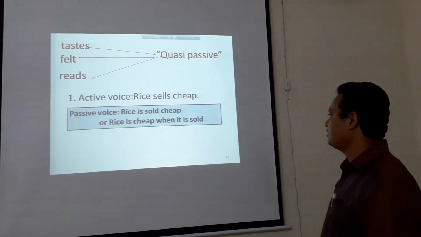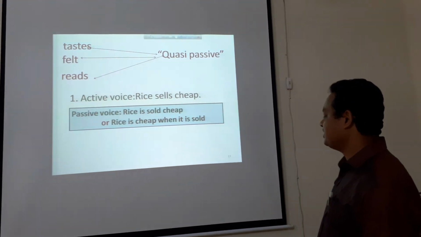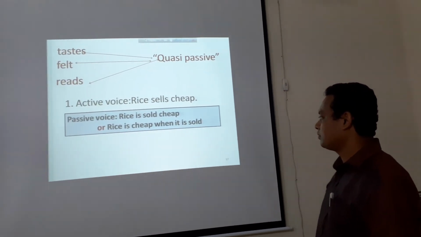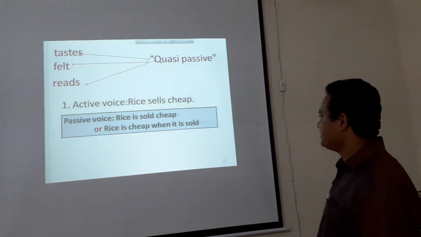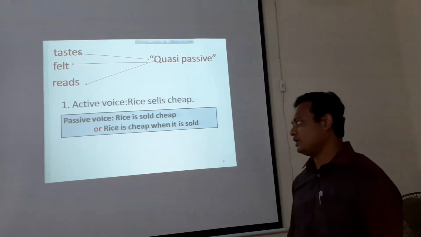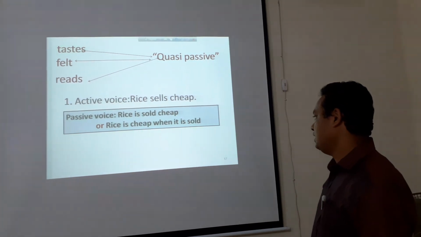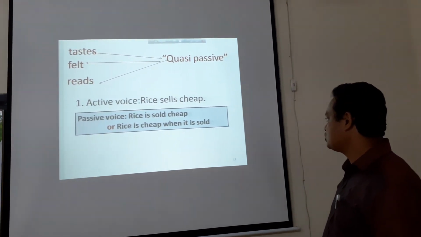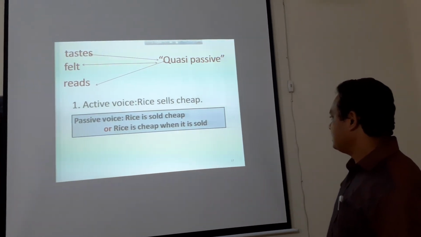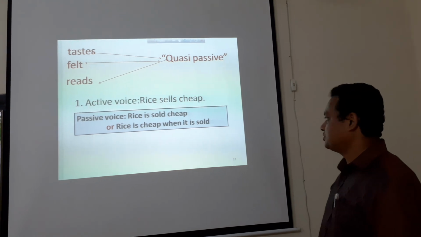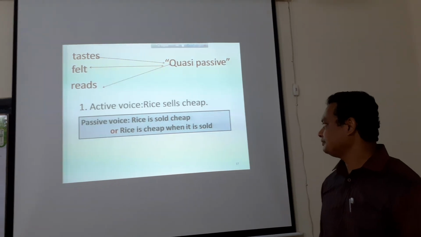If we want to turn this kind of active voice into passive, we place the same subject as in passive voice. Rice is sold cheap, or rice is cheap when it is sold. It is exceptional.